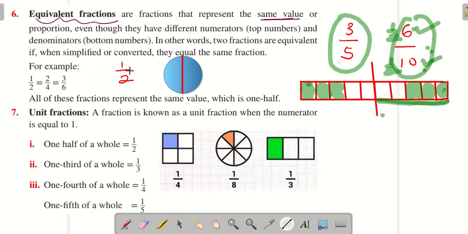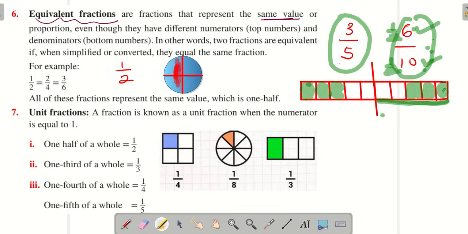It means that you divide a whole, that is 1, by 2 and take one part of it. Then this same fraction, if I divide this into 4, remember that the half, which is this part, is the same thing.